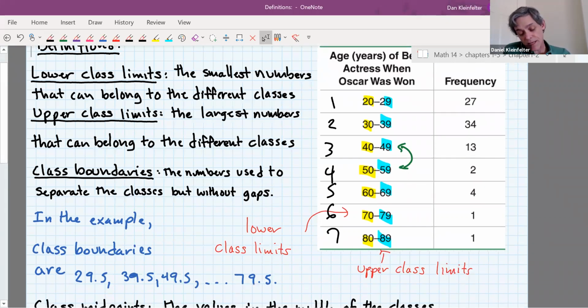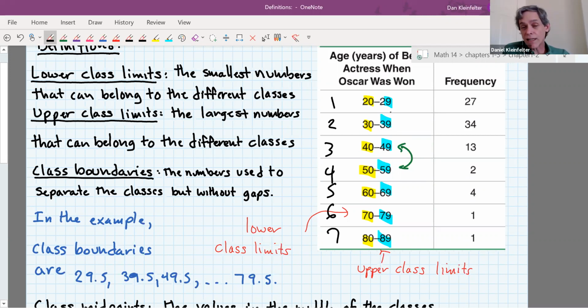So what is meant by that is this. In between 20 and 29, that's class 1, and 30 and 39, that's class 2. Let's say that a new Oscar was won, and we'd have to say, okay, what is the winner's age? If she's 24, she would go in class 1. If she's 31, she would go in class 2. At what point do we make the decision to switch from class 1 to class 2?